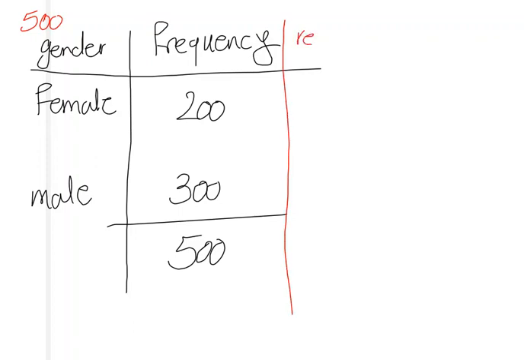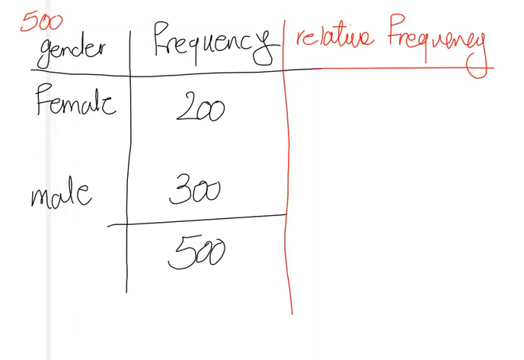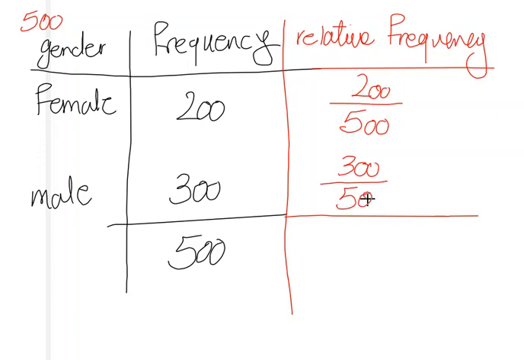The relative frequency can be obtained by dividing 200 by 500, and for male 300 over 500, which gives 0.4, 0.6, and in total 1.